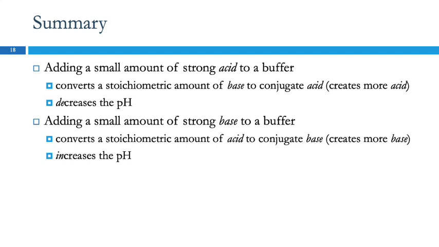It's going to make more acid, and that will cause the pH to decrease. That makes sense. If I add acid, the pH is going to go down. Because it's a buffer, it's only going to go down a little bit instead of a whole lot. If I add strong base to the buffer, it's going to convert acid to base, and it will increase the pH.